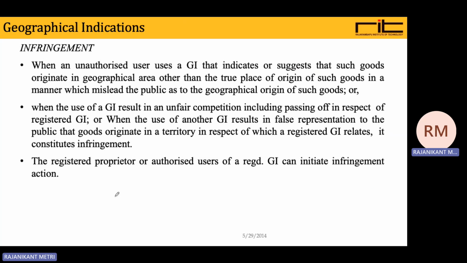When the use of a GI results in unfair competition, including passing off in respect of a registered GI, or when the use of another GI results in false representation to the public that goods originate in a territory to which a registered GI relates, it constitutes infringement. If you mislead or give false representation, then that also leads to infringement.